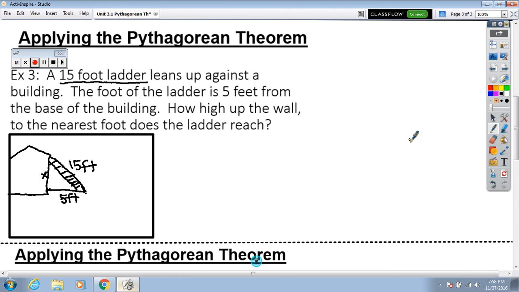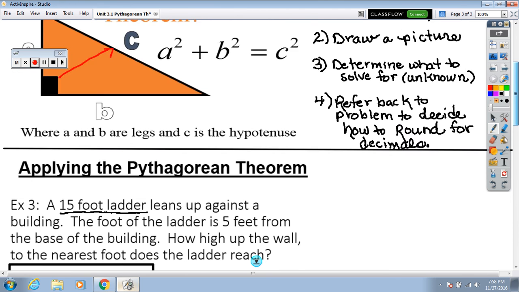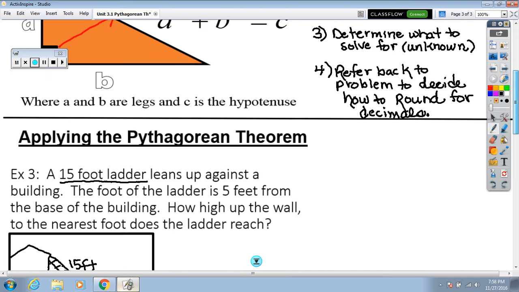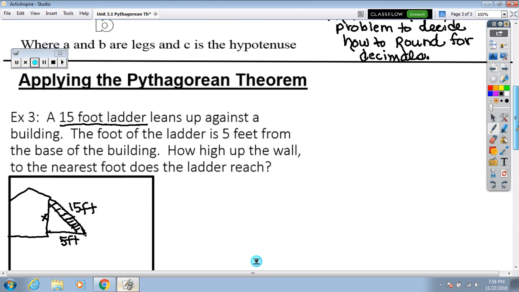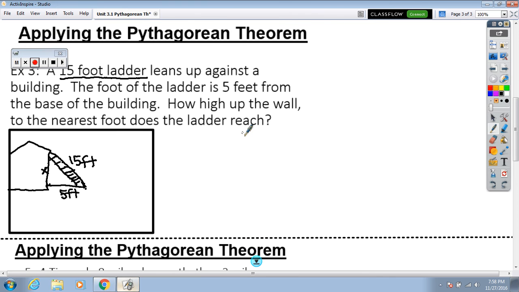So now that we have everything labeled and we drew our picture, we know what we're solving for, we can plug it in and solve the problem. So we're using Pythagorean's theorem. A squared plus b squared equals c squared. Now A is normally the vertical piece, so since I don't know what A is, we'll just plug in x. That's our unknown value.